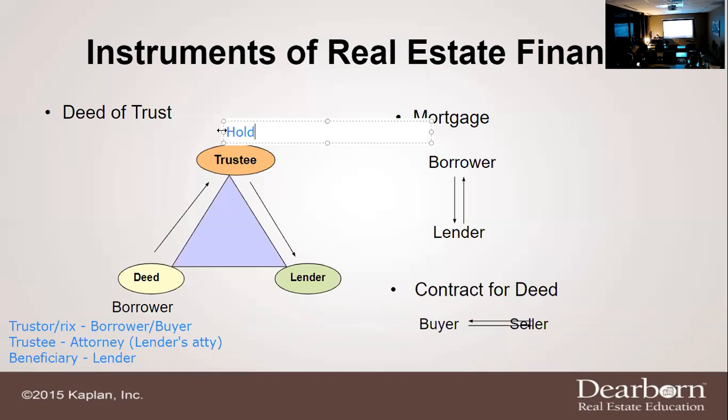They have to hold that deed until one of two things happen. Either, if the borrower fails to make payment, then guess what happens? The trustee will then let the judge know, be able to grant the deed to the lender, and that's where you'll see this little slide down, and the deed would go to the lender.